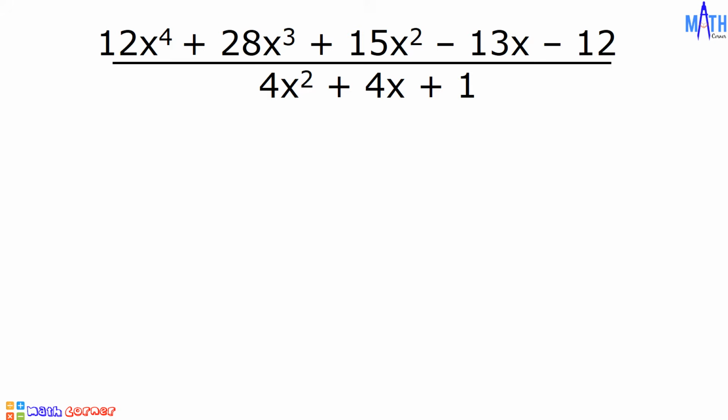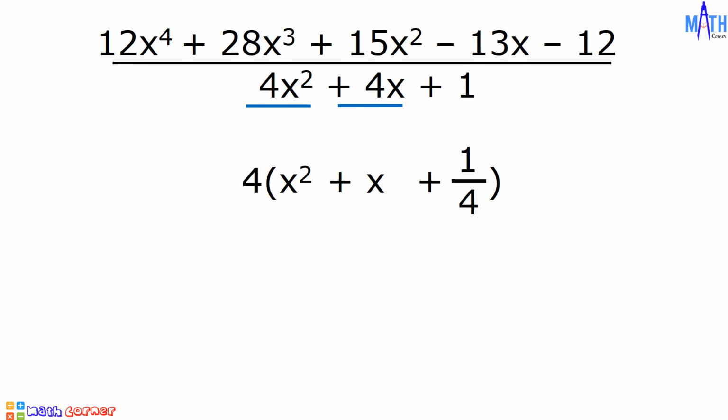If we factor out 4, we are left with x squared plus x plus 1/4, since 4x squared divided by 4 is x squared, 4x divided by 4 is x, and 1 divided by 4 is also equal to 1/4. 4x squared plus 4x plus 1 is equal to 4 times quantity x squared plus x plus 1/4.